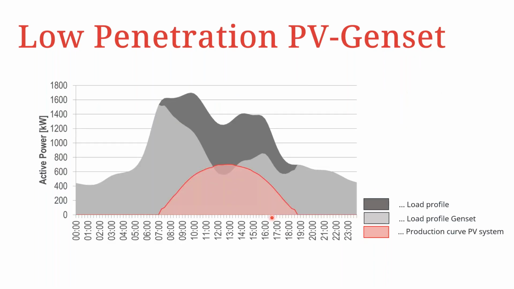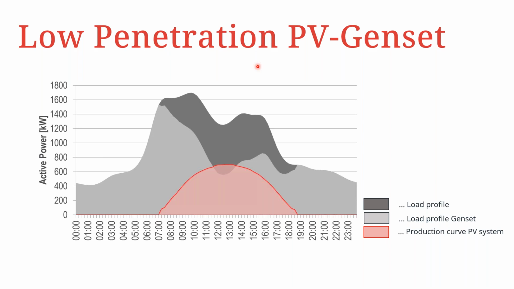So going forward, I'd like to mention that this PV genset solution comes in, I would say, two modes of implementation. It could come in the low penetration mode. Low penetration mode is typically defined by the PV injection or the PV penetration.